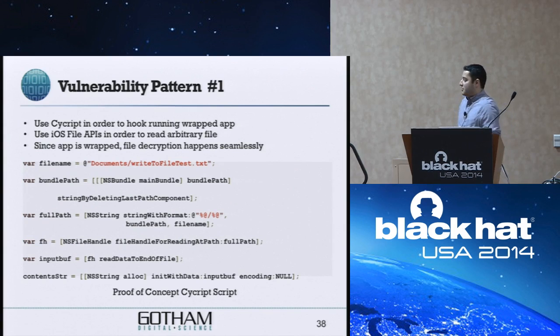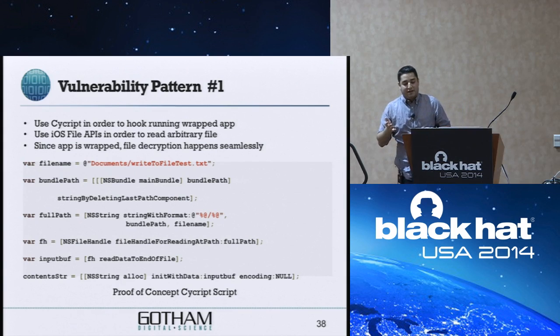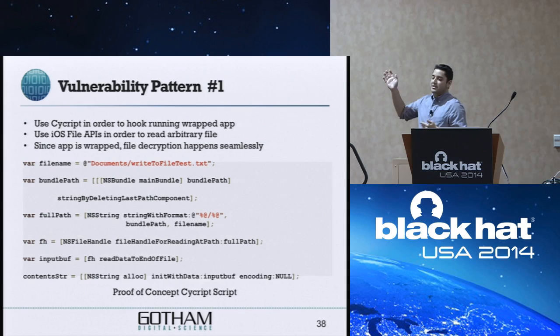The approach we took is, if I'm able to inject into the running process, I can start leveraging that wrapping code. So I can just inject into it and read that file. I'm assuming that once I try to read that file, my read will actually be wrapped as well, and it'll just decrypt the file for me without me having to do any reverse engineering whatsoever.